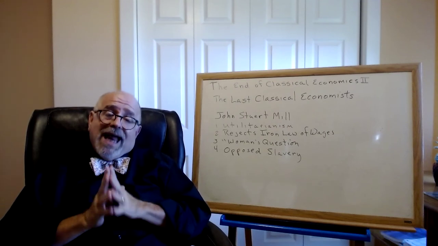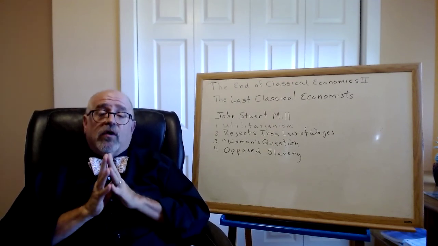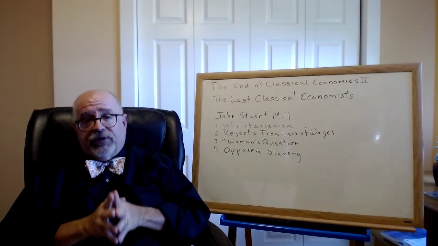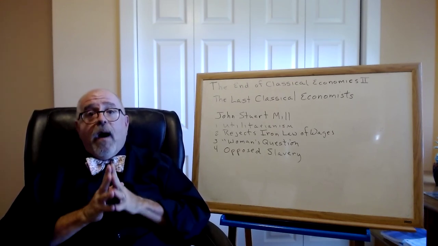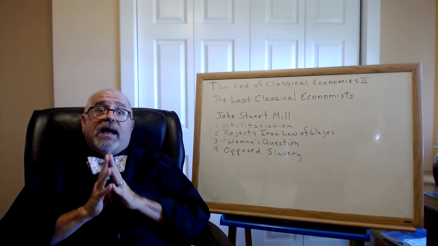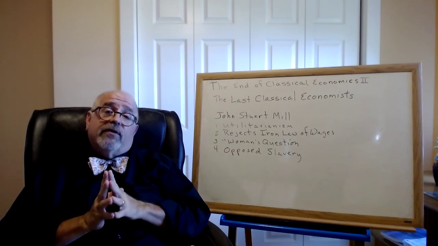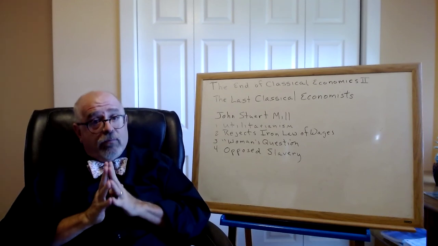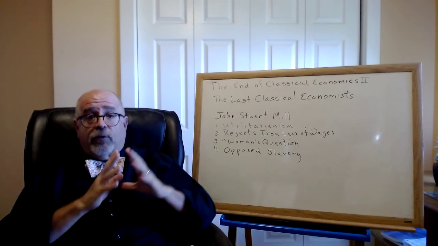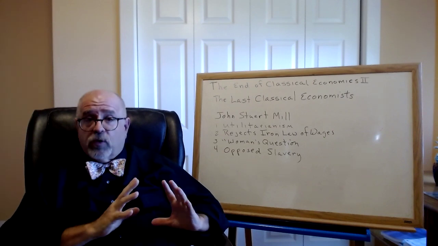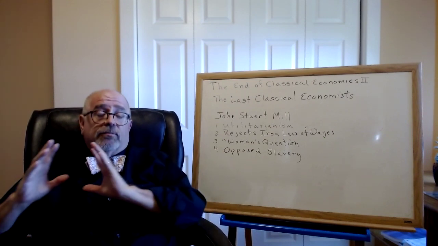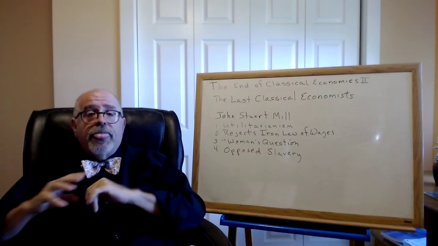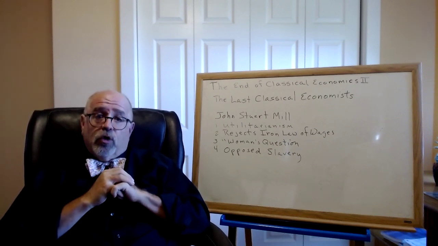If you did not get rid of the labor theory of value, you had to accept Marx's analysis. But if you took that idea of utility and substituted it for labor, thereby moving the focus of economics from classical economics, where the focus is production, to marginalist economics, where the focus is consumption, you could avoid those conclusions.